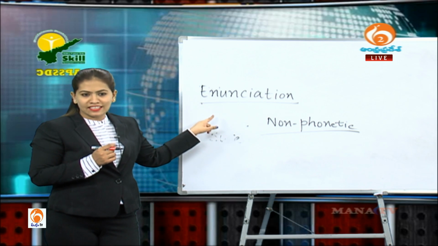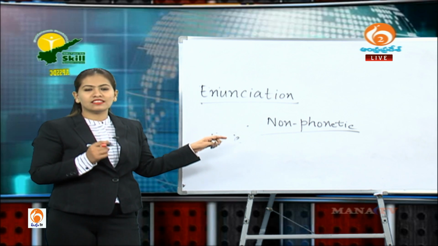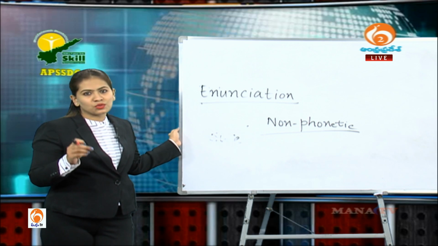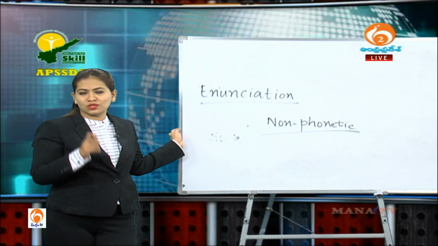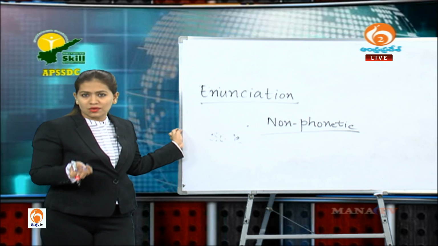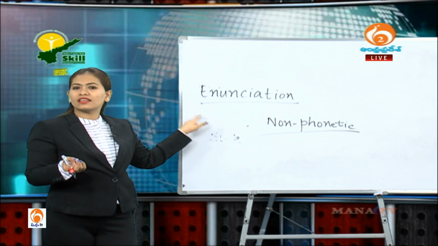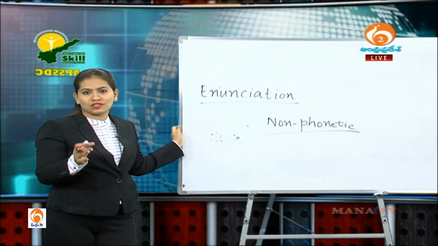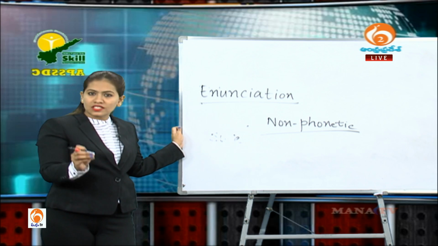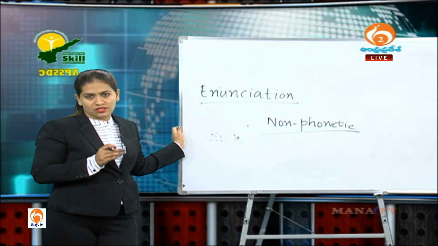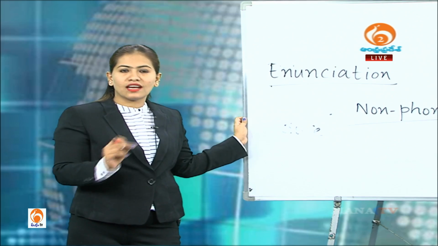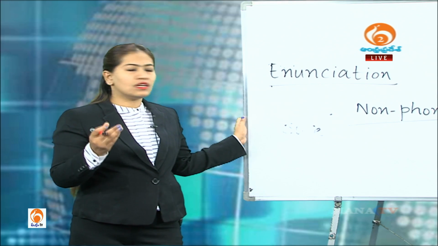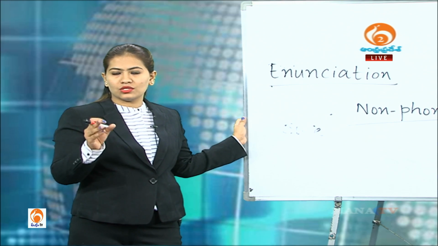When I say enunciation, I define it as the sound, whereas pronunciation has to do with the word, and enunciation has to do only with the way I get the sound correct. Each time I use this word while explaining, please make sure you understand it has to do with sound, not with the word. When I say pronunciation, I mean the entire word, but when I say enunciation, I just mean the sound.